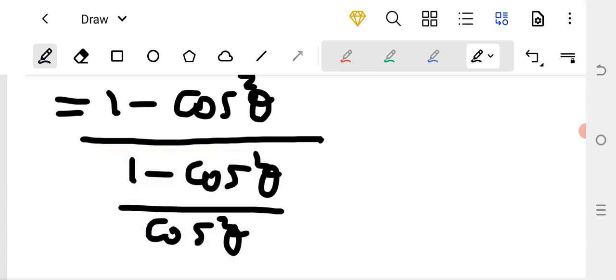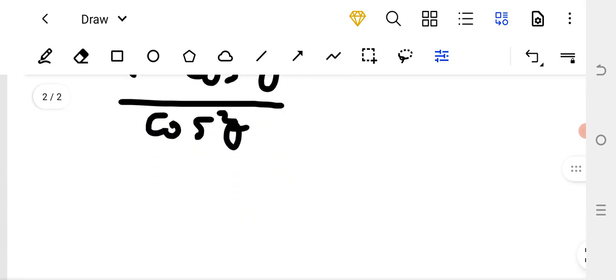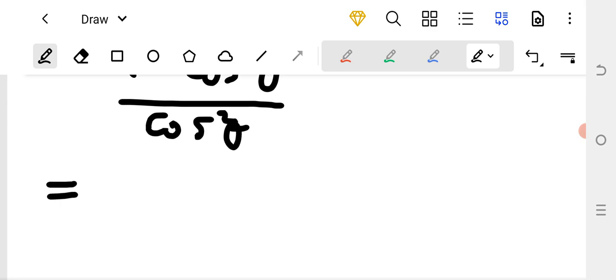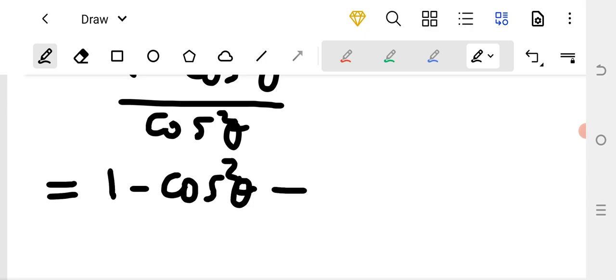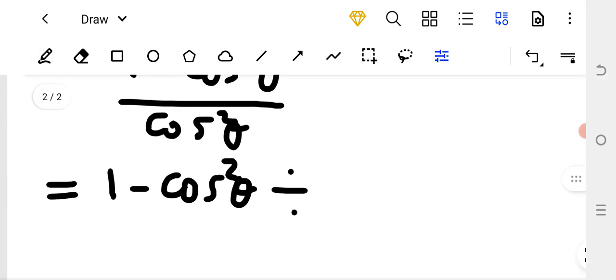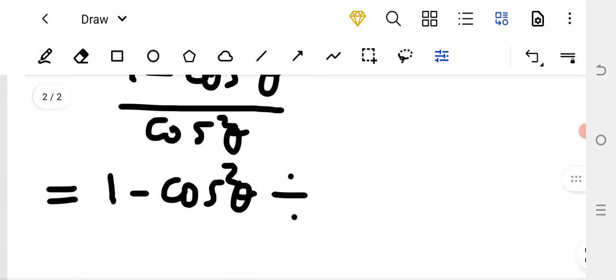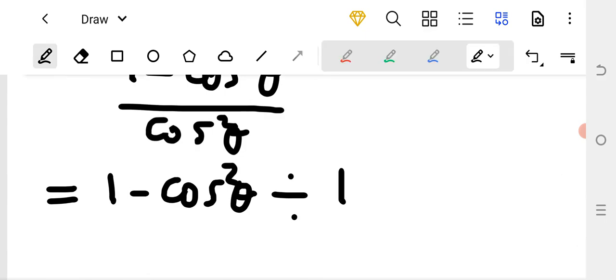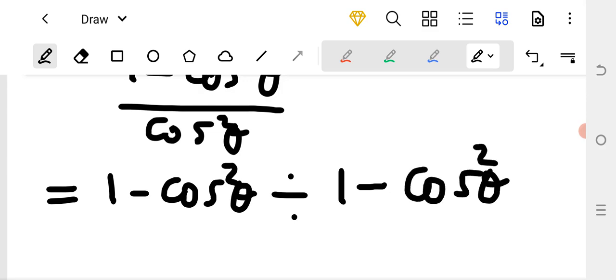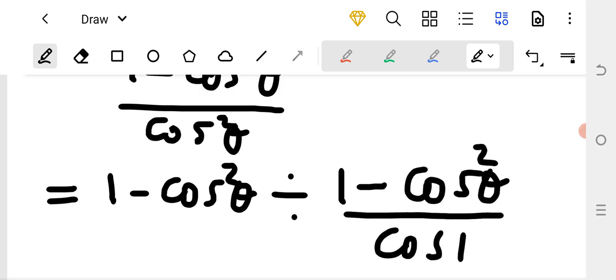So is equal to 1 minus cos theta squared. Then divide by, we're going to replace this long bar with divide by 1 minus cos theta squared over cos theta squared.